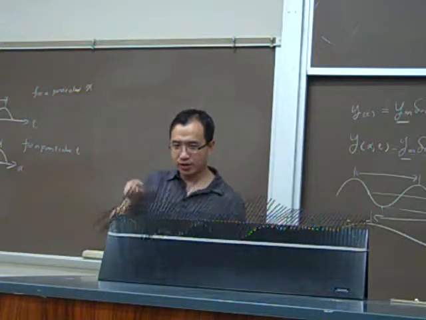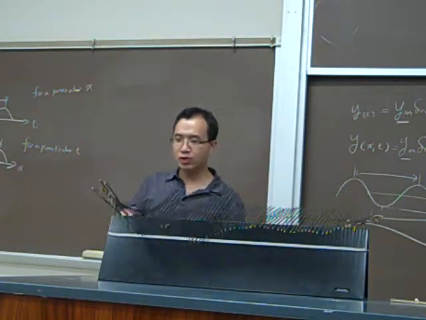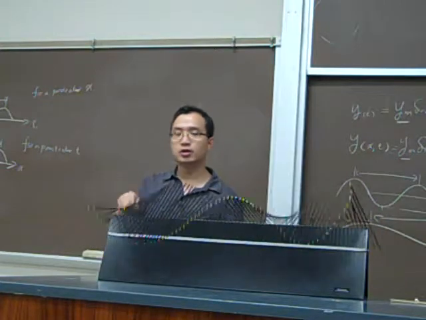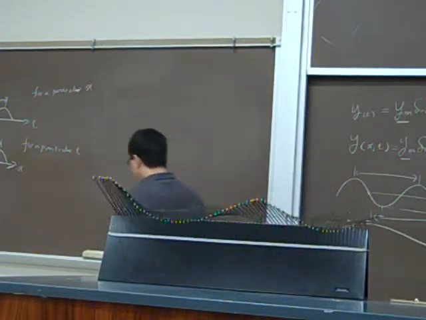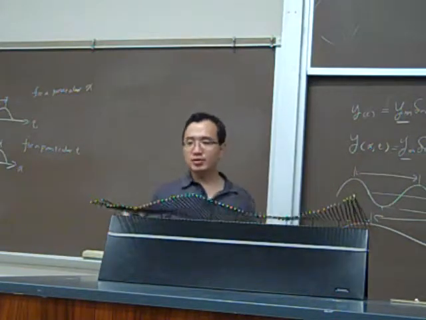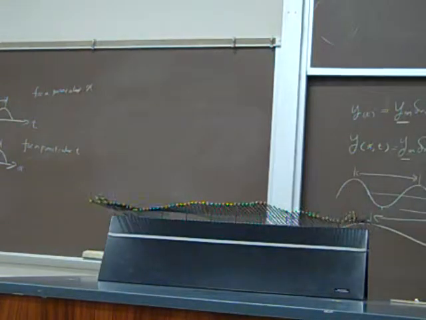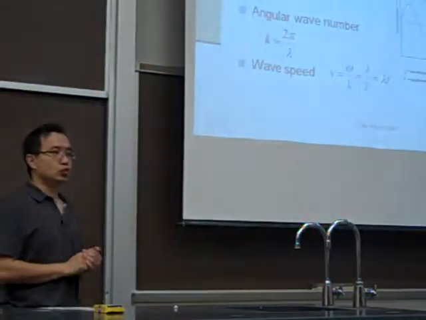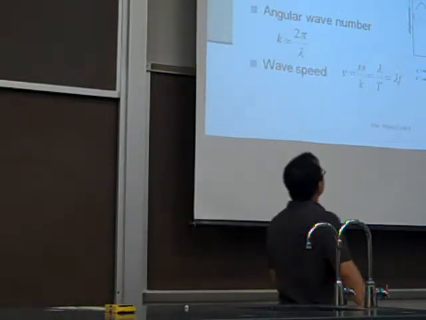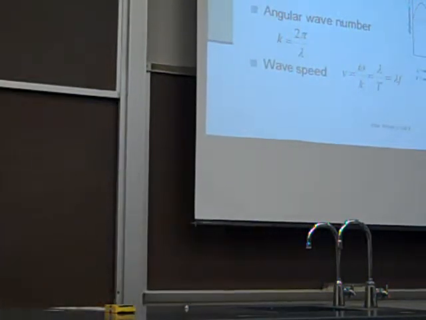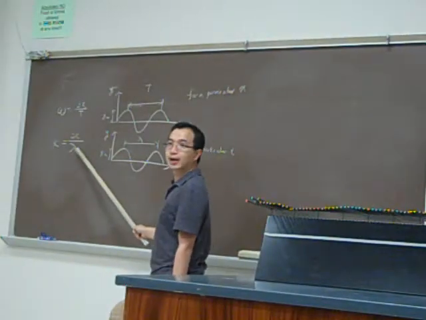If I oscillate it fast, the wavelength is small. If I oscillate it slow, the wavelength tends to be larger. So there is a relationship between these quantities, omega, T and k, lambda.